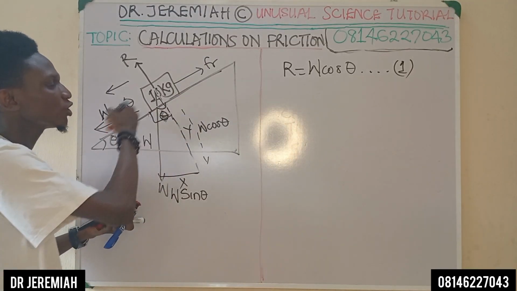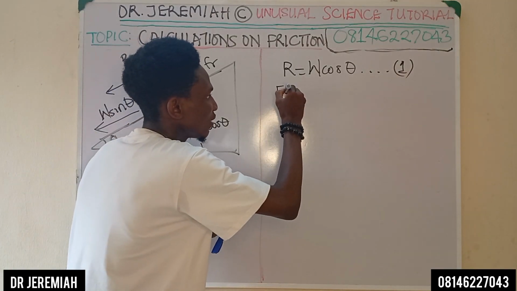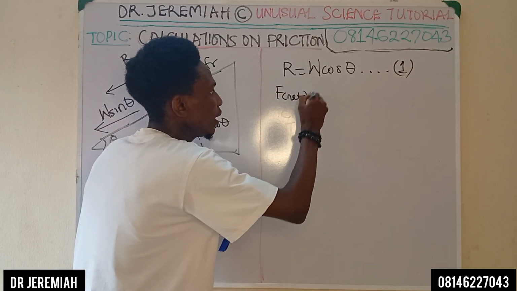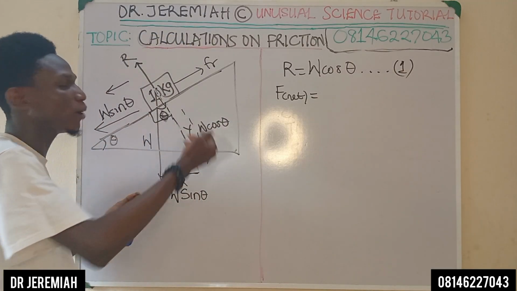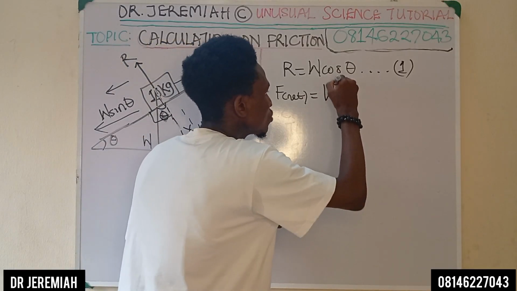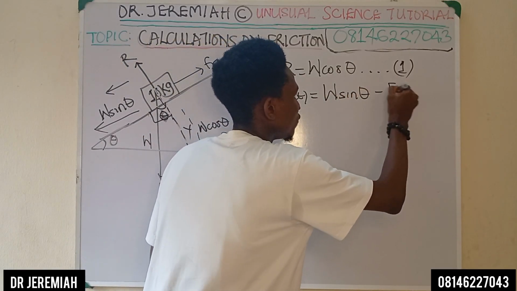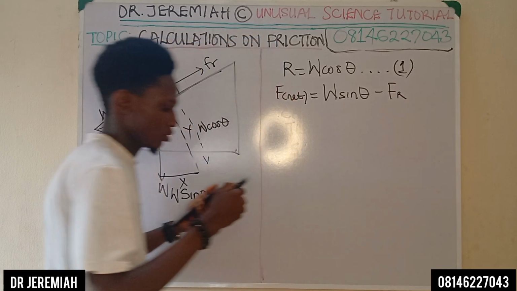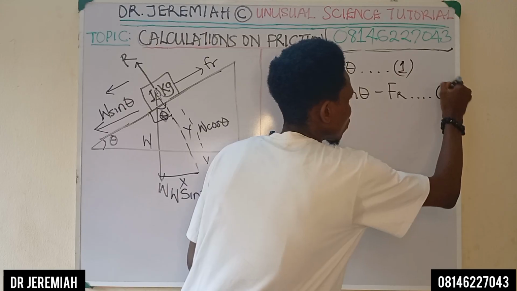That the resolution of forces along this plane is going to be net force, let's call it F net, equals to, where is the motion going? Where is the body going? The body is going downwards. So we're going to have W sin theta minus frictional force. So we can call this equation 2.